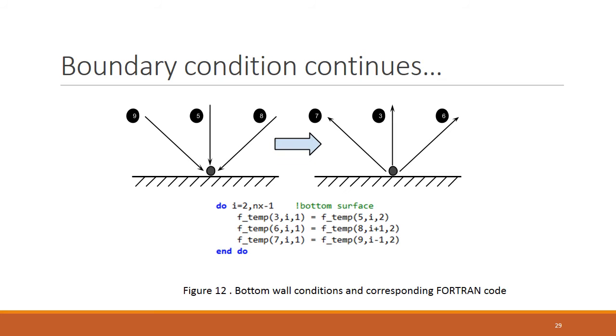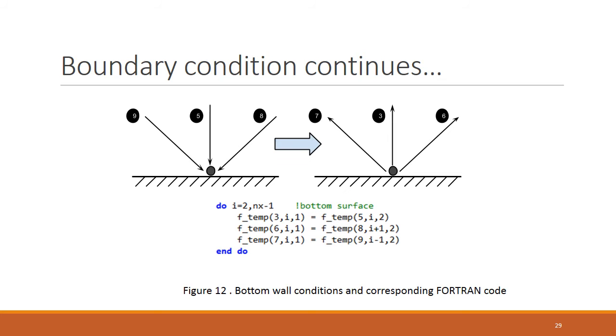In most programming languages, we usually say new is equal to old. We don't usually say old is equal to new, because that doesn't usually work, you get an error. So if you look at the picture, the 5 is hitting the surface and it's coming back as 3. If you look at the first equation, f temp, don't worry about the f temp, it's just one of them. The way I wrote the code, I put it as f temp, the temporary.